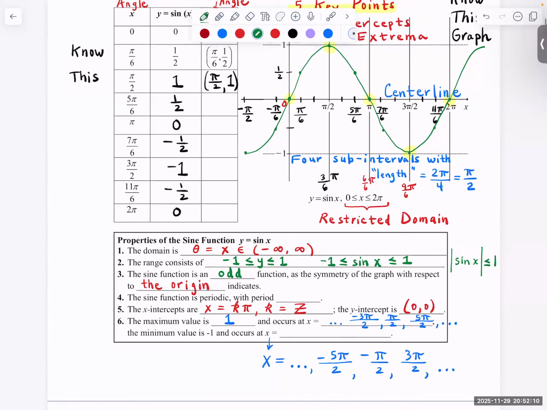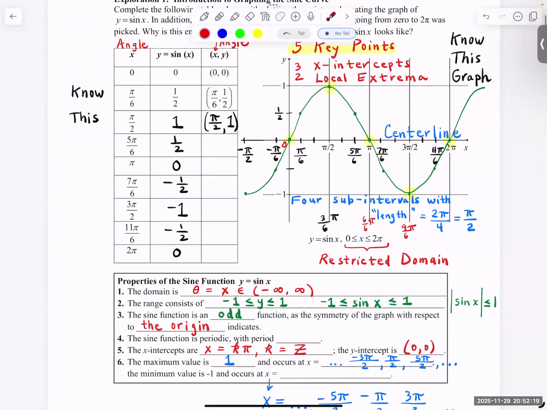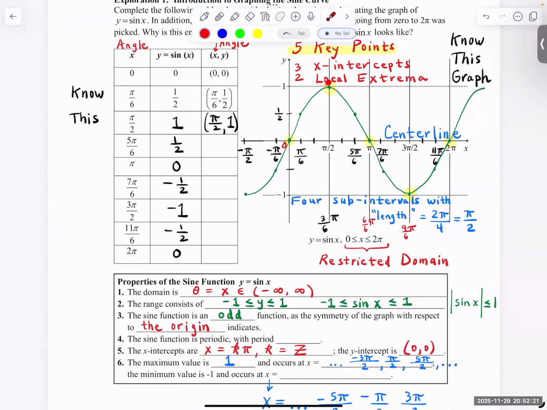The sine function is an odd function, as the symmetry of the graph with respect to the origin indicates. For example, we could take this point on the graph at pi over 2 comma 1, at a local max, change the sign of the input from positive pi over 2 to negative pi over 2, and the function value is opposite in sign.